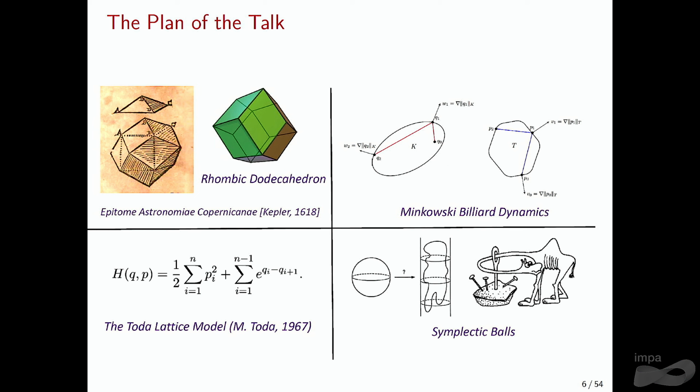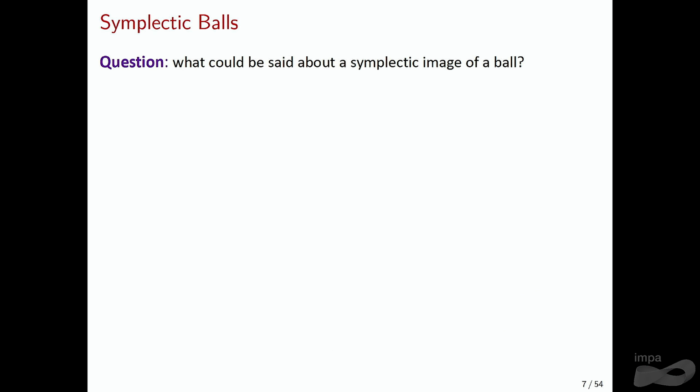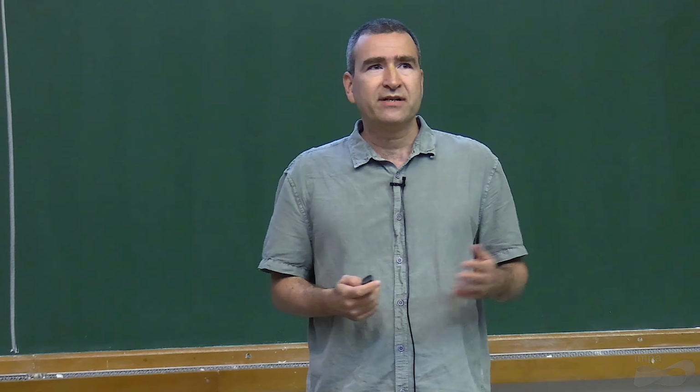I'm going to start actually with symplectic balls, the last one. Here is the general question. What can we say about the symplectic image of the ball? In a sense, it's a transcendental question.